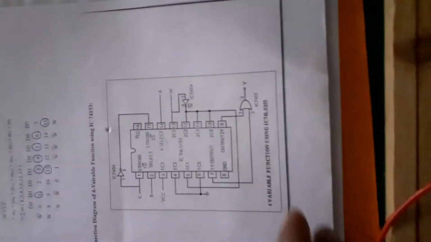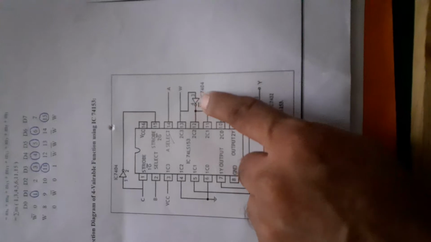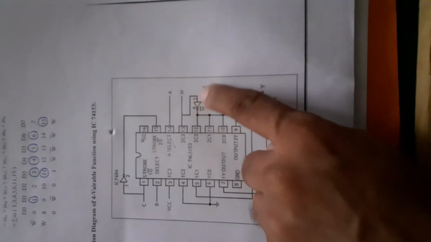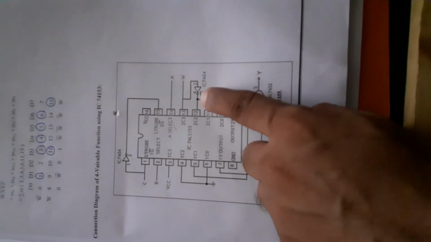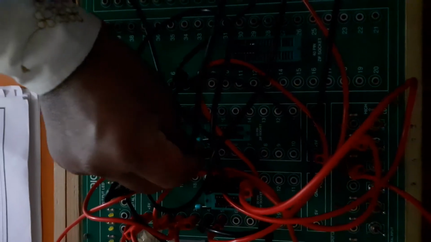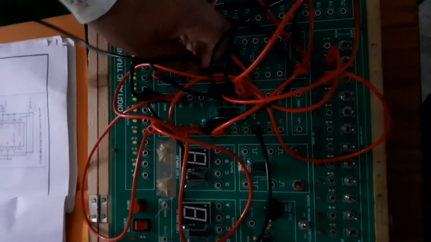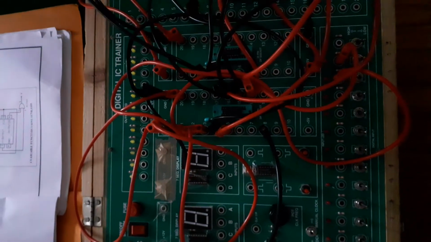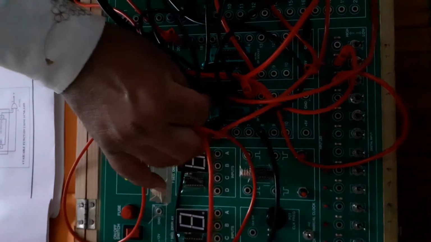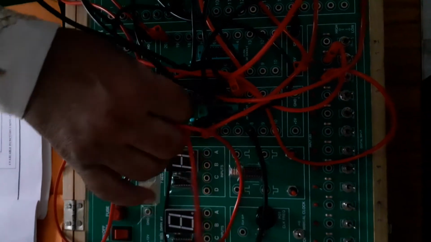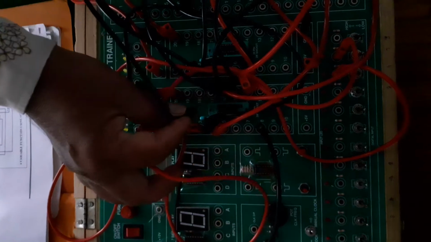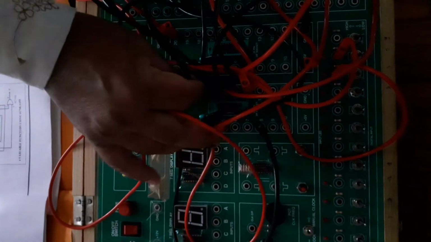Now see that this 12 is connected to the output of this inverter gate. So it is pin number 3 and pin number 4 of the inverter gate. In the same way I will be doing all the different connections of these gates, and after the connections we are going to get the output according to whatever design we have considered.